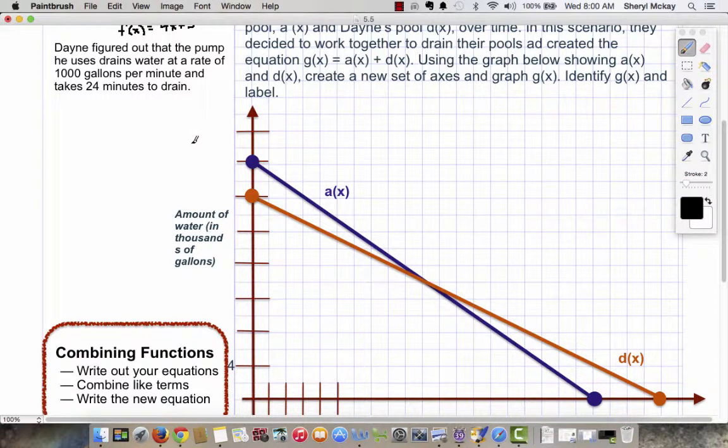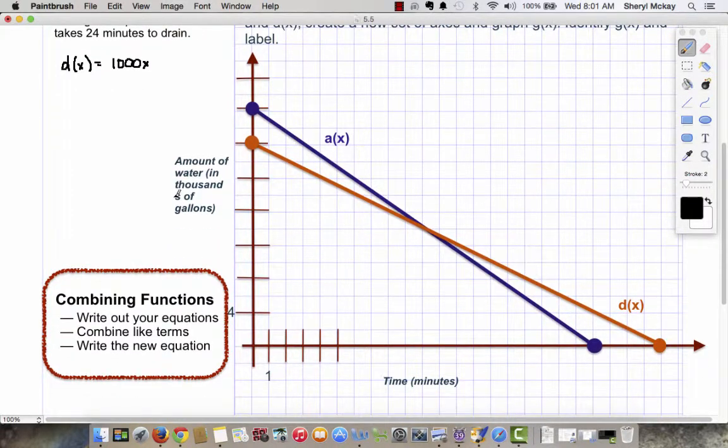So that means that the slope of Dane's line, D of x, is going to be 1,000 gallons per minute. If I look at my graph up here, it says amount of water in thousands, so that's going to be my y.